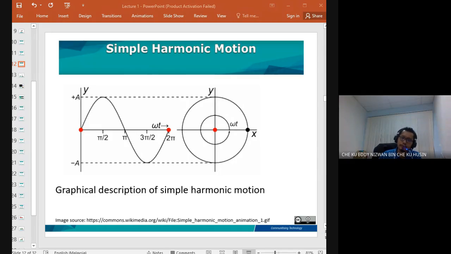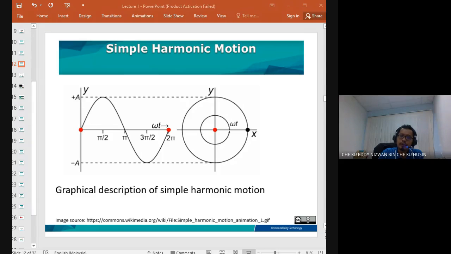Velocity is written with a prime or a dot. Differentiating sine omega t, we get omega in front of cos, so the maximum amplitude is omega a, and then cos omega t.